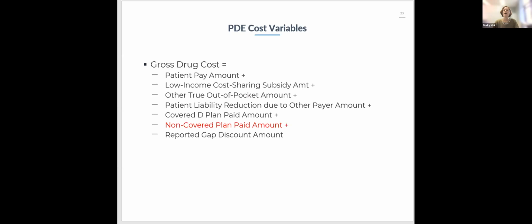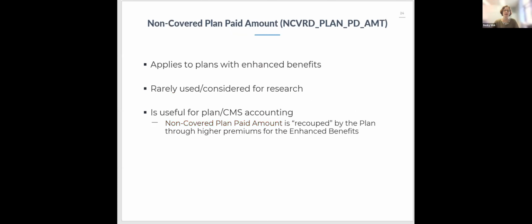There is another component variable that goes into the total gross drug cost, and that is the non-covered plan paid amount. This applies to plans with enhanced benefits, and it's rarely used in research, but it is used for plan and CMS accounting.